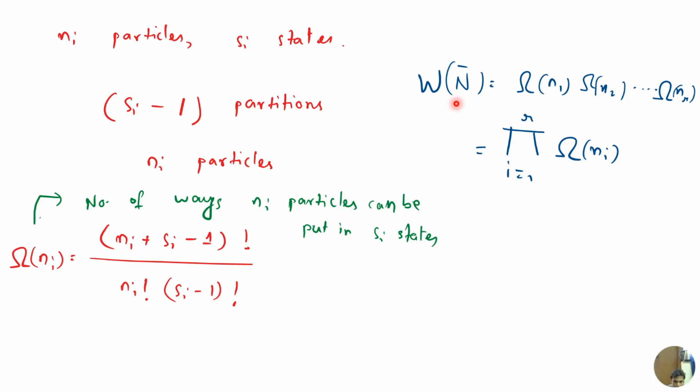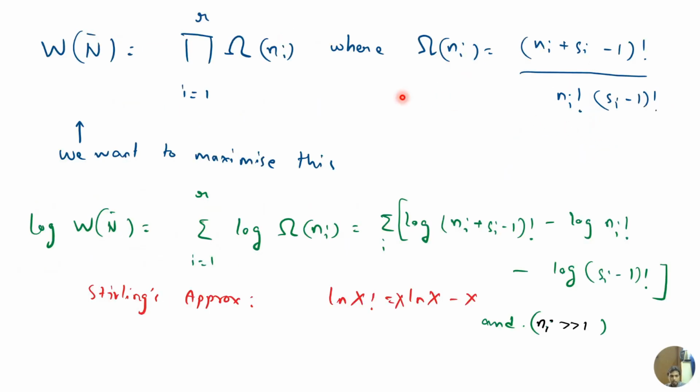And the number of ways in which that distribution can be created, W of n bar, is the product of all the omega Ni. Now we want to maximize this W of n bar, saying that the maximum value will be the most probable value and it is more than all other possibilities combined.